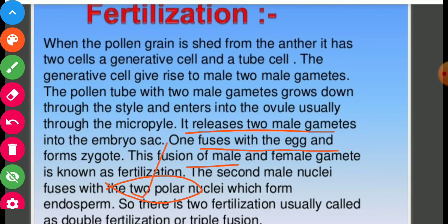So 2 polar nuclei fuse with 1 male gamete, then 2 and 1 make 3. It means 3N here, triploid. This is triple fusion. So double fertilization is also known as triple fusion because one male nucleus fuses with 2 polar nuclei in the female gametophyte, the embryo sac.